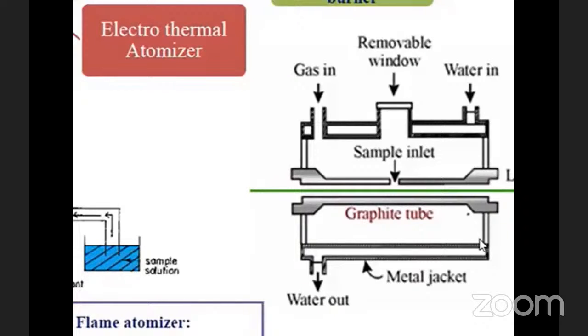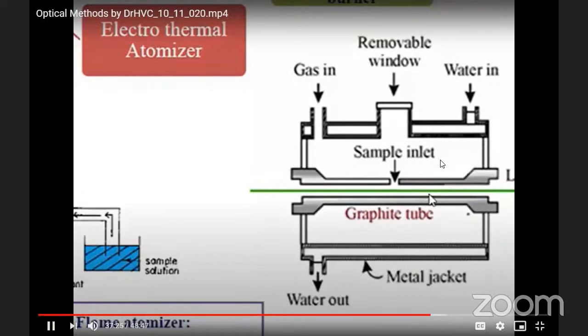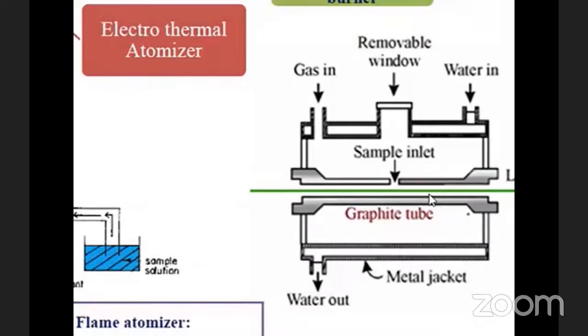It is then ashed at higher temperature on the electrically heated carbon surface, which is in the shape of a hollow tube. After ashing, the temperature is increased rapidly to 2000 to 3000 degrees centigrade to atomize the sample in a few milliseconds. The absorption of radiation by the atomized sample can then be measured above the carbon surface.